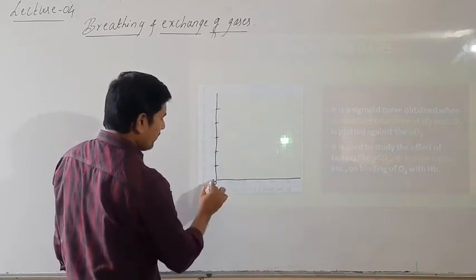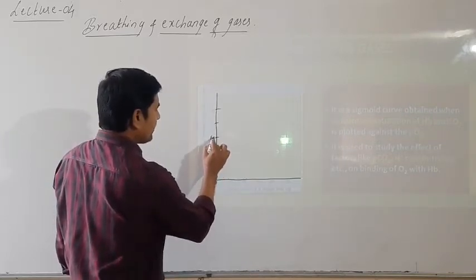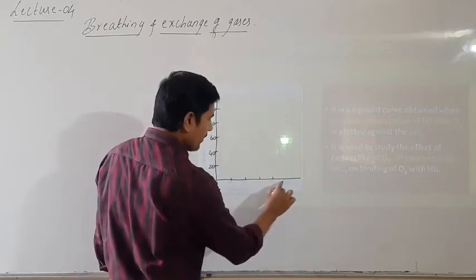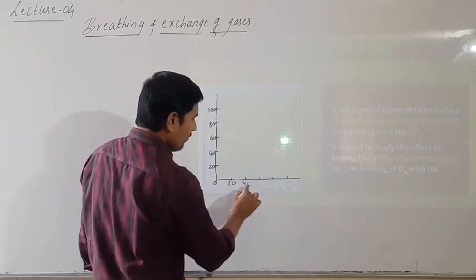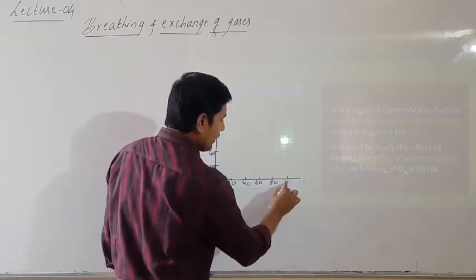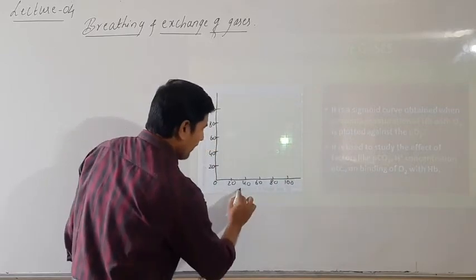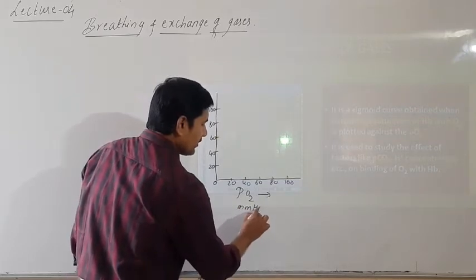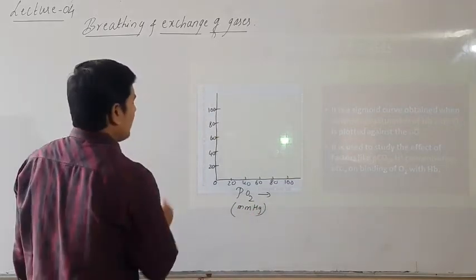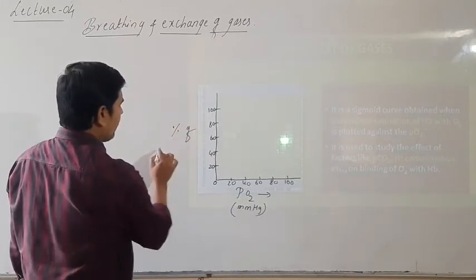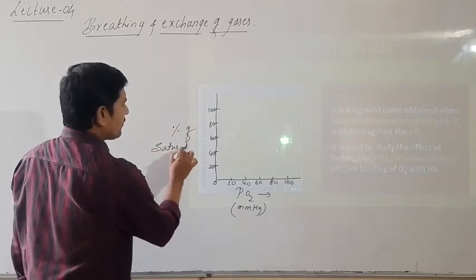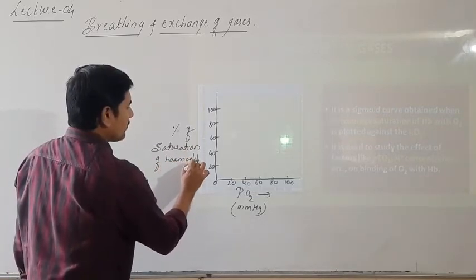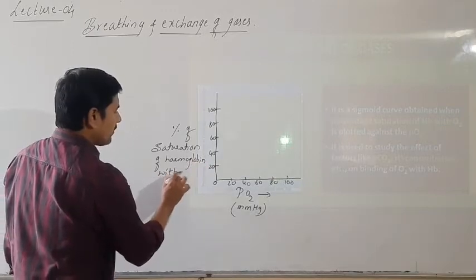Here we have 20, 40, 60, 80 and 100. This is the partial pressure of O2, in mm of Hg. This is the percentage of saturation of hemoglobin with oxygen.